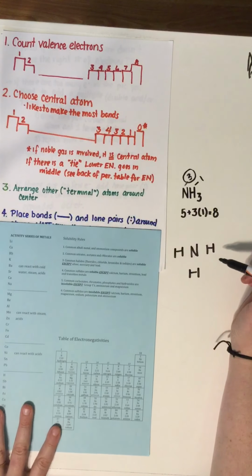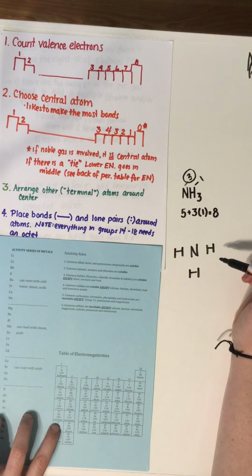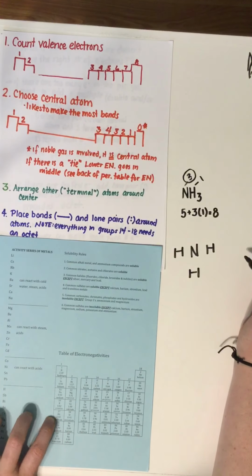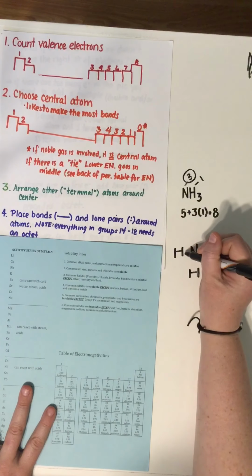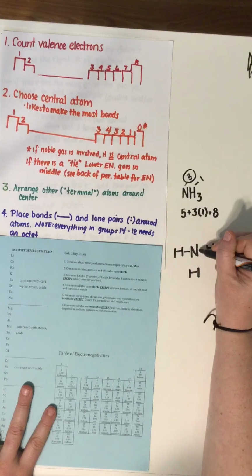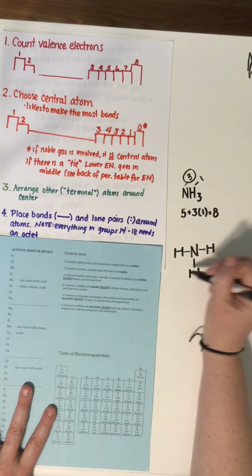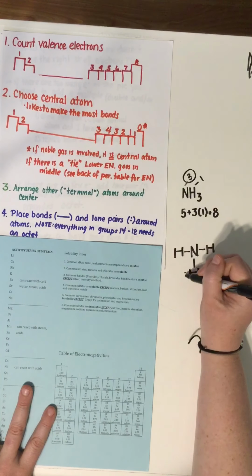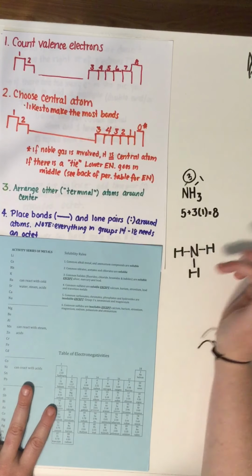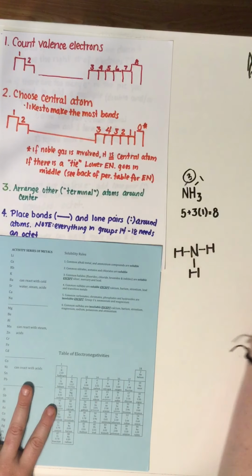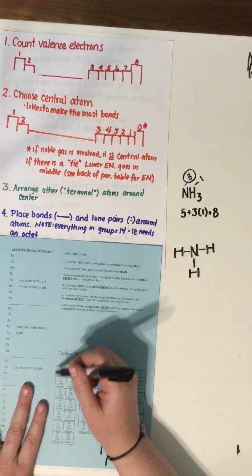Once we have our atoms placed, we're going to put bonds and pairs. These are called lone pairs, also known as non-bonding electrons, around our atoms. Basically, we just want to draw a line between the center atom and each of the terminal atoms. We then want to put these lone pairs, these dots, in, but only around elements in groups 14 through 18. So that's actually why I erased it from hydrogen, because hydrogen's in group 1.